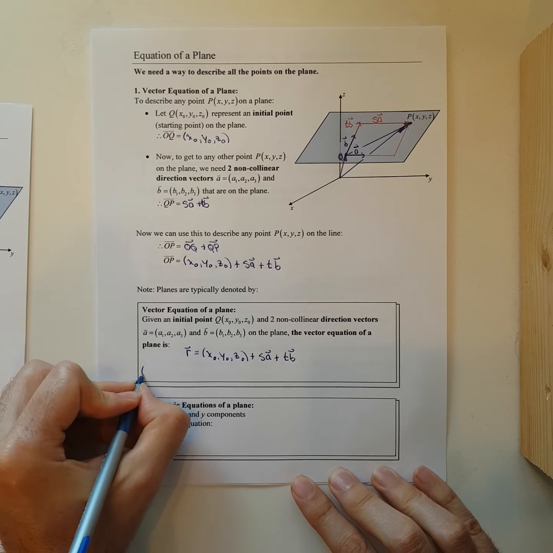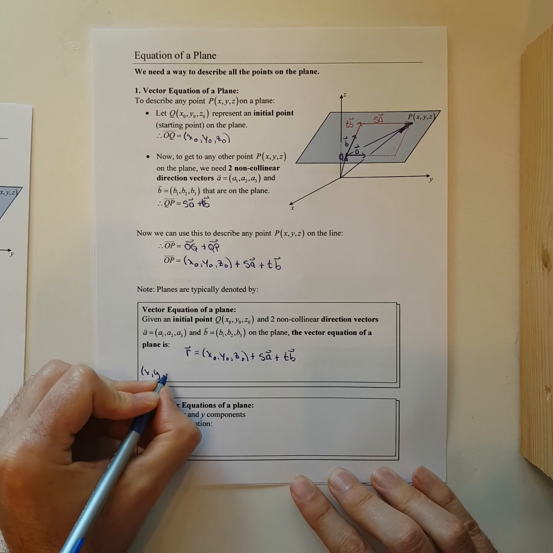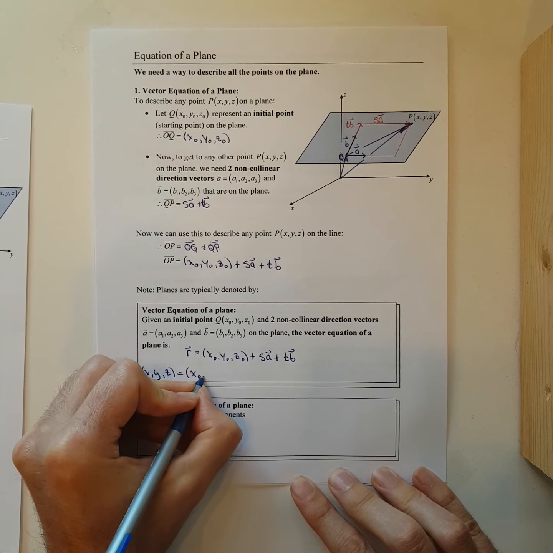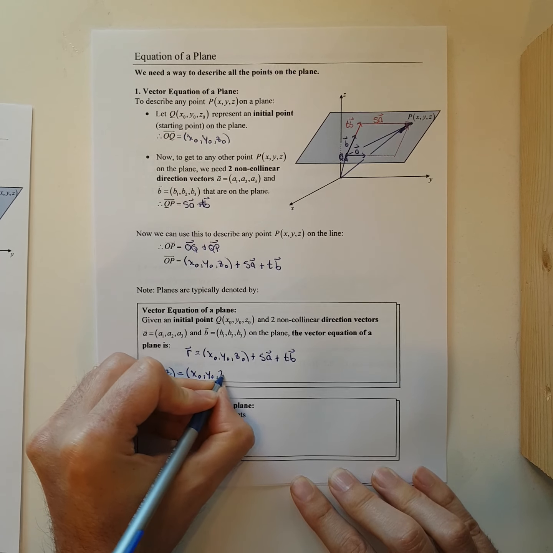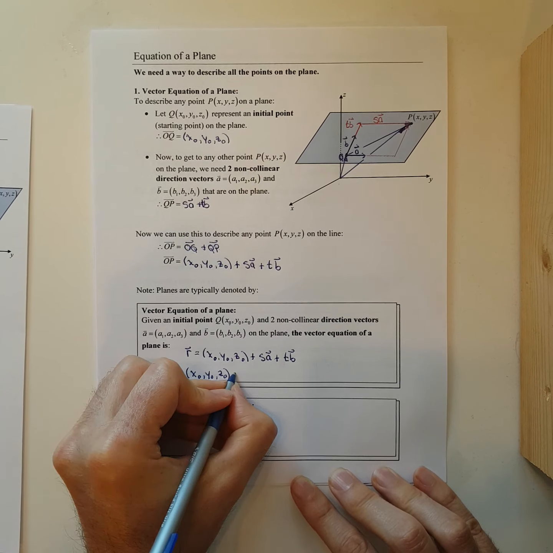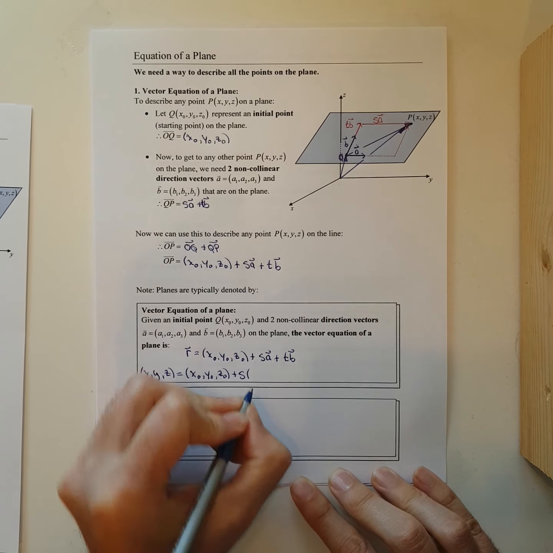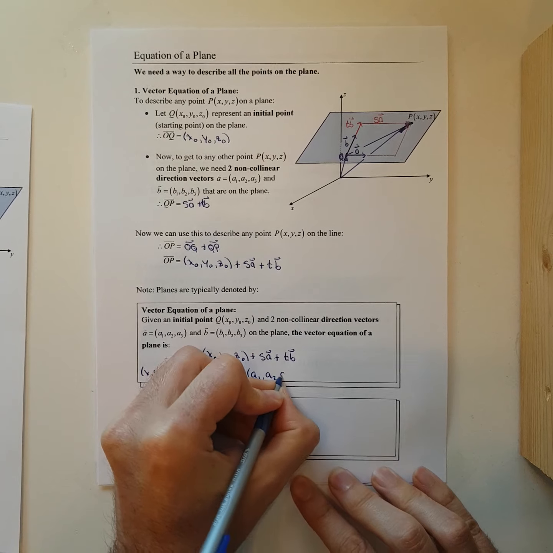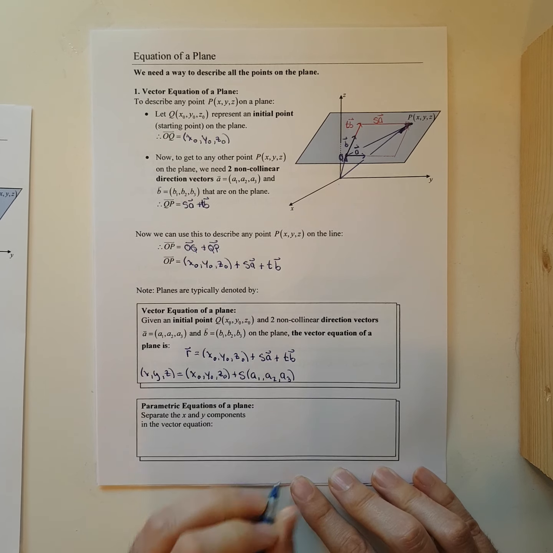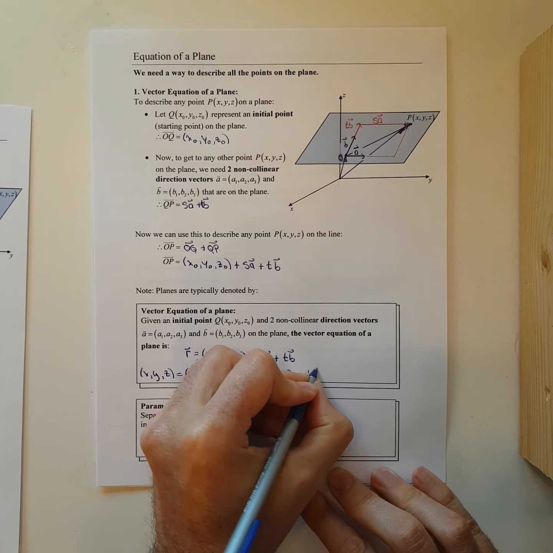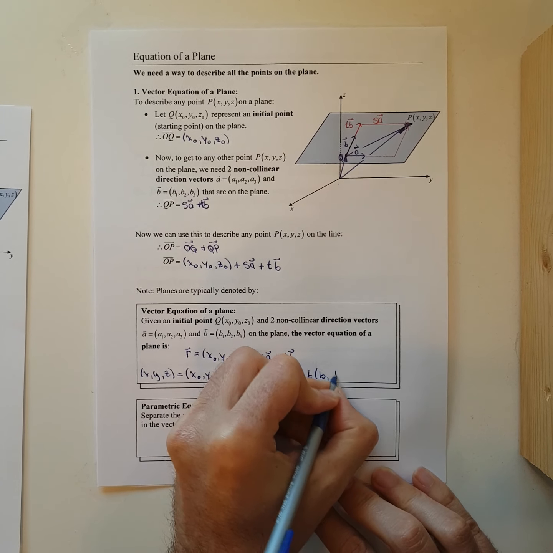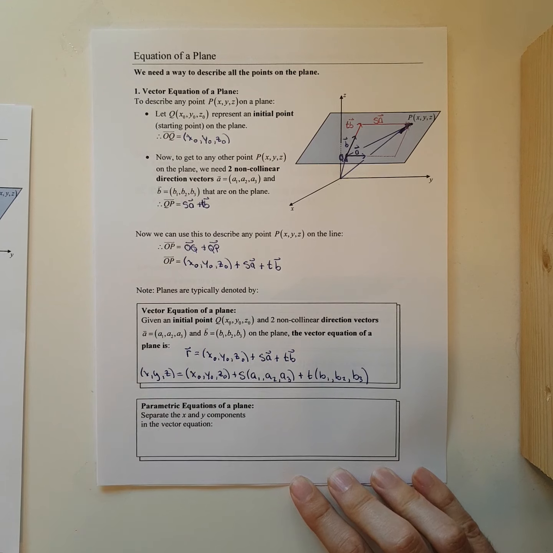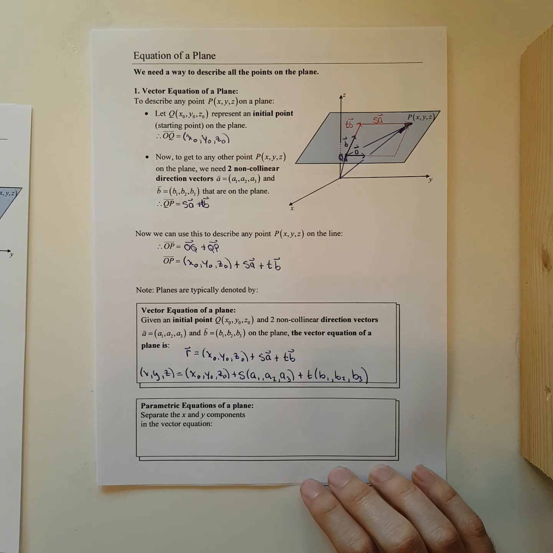Or if we want to write this out in full, we can say every point x, y, and z is equal to the initial point that's on the plane plus some combination of those two direction vectors. And there it is written in full.